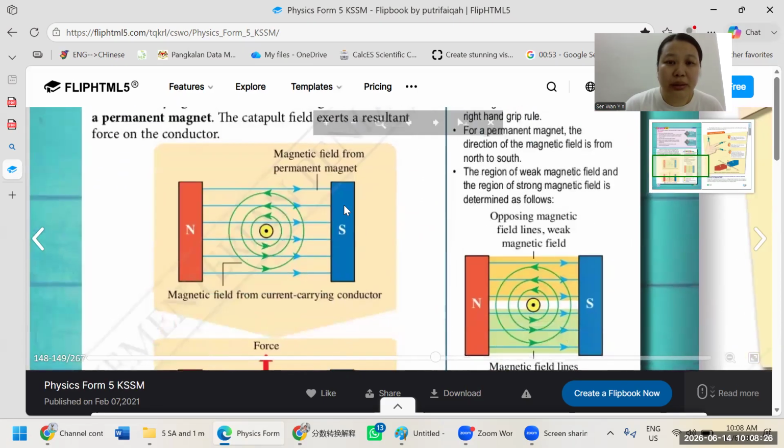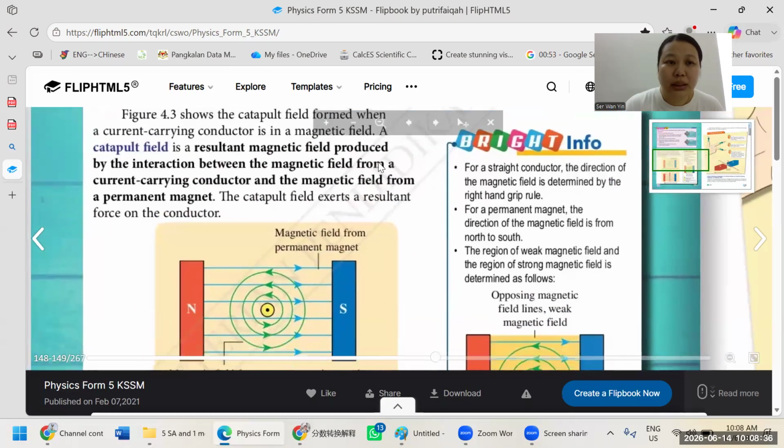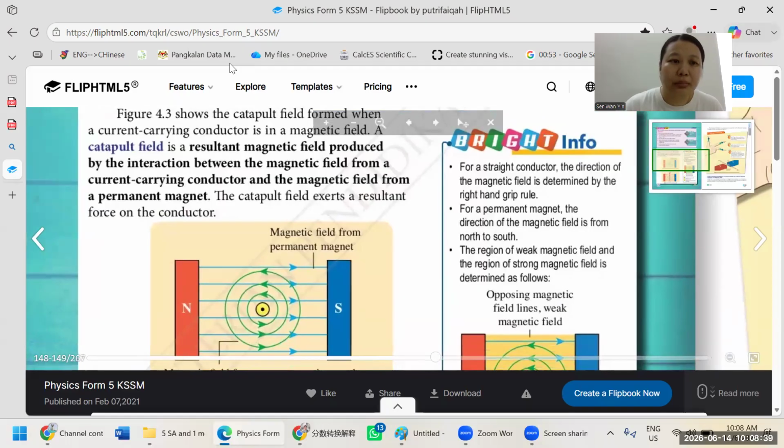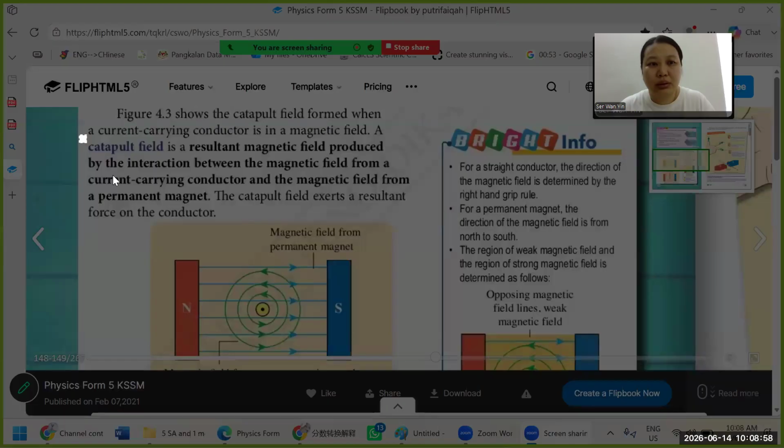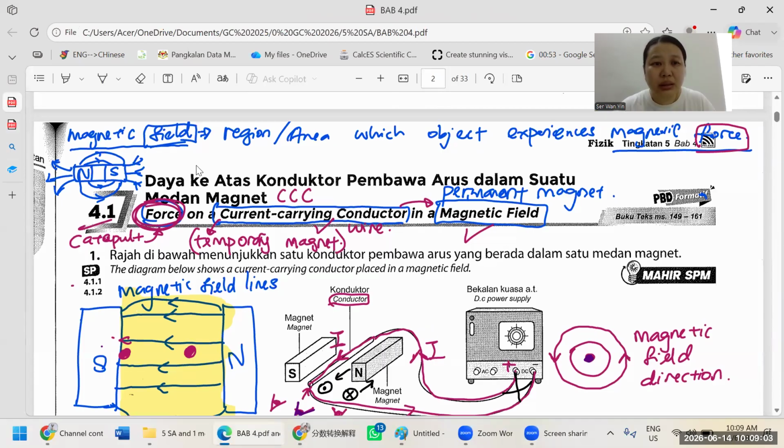So how to remember it? Okay, actually it's like this. Yeah, thank you, Jinhui. Catapult. By the way, we need to understand first what is the meaning of catapult. I better write here.